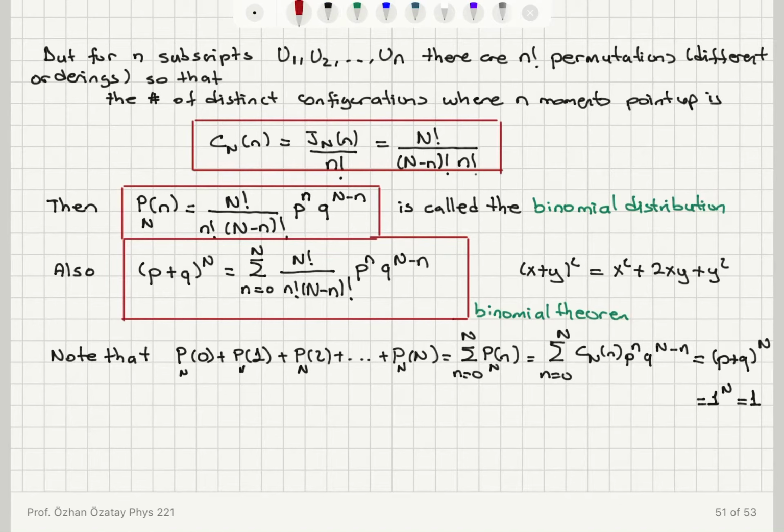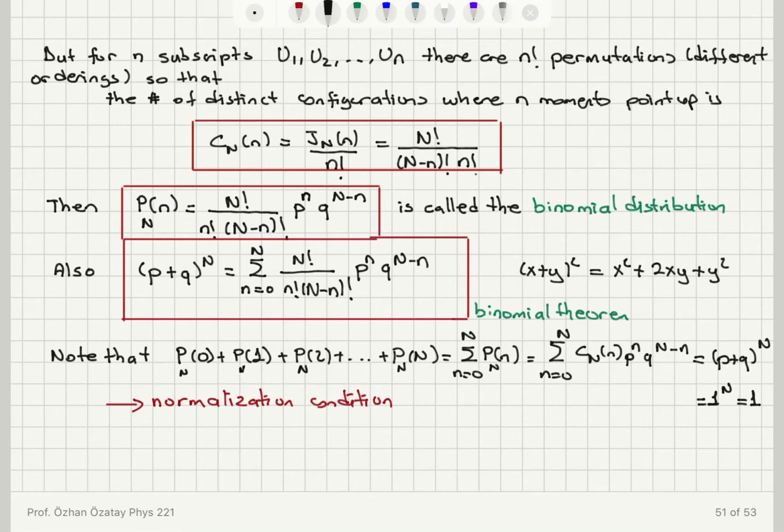Therefore, we have here what we know to be the normalization condition. So this is the normalization condition when I consider all the possibilities: no moments point up, 1 moment points up, 2 points up, all of them point up, etc. Add them all together, so I will have the total number of possibilities exhausted, and the probability will be normalized to 1.